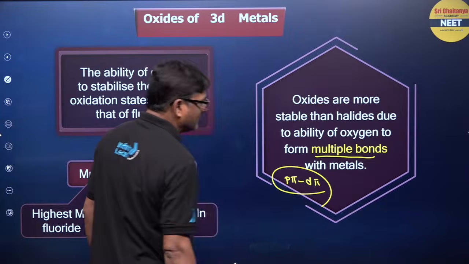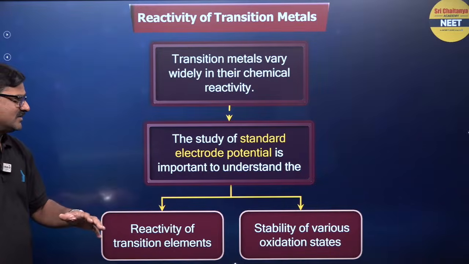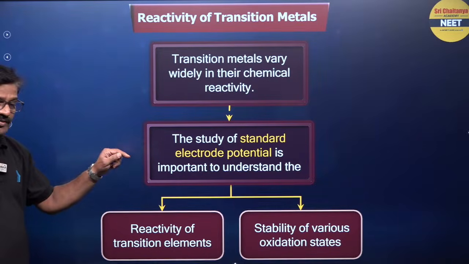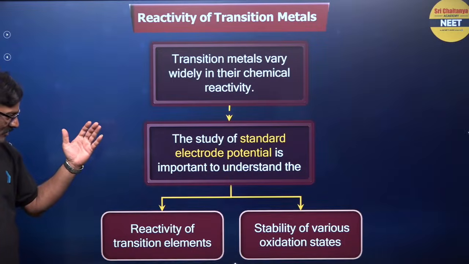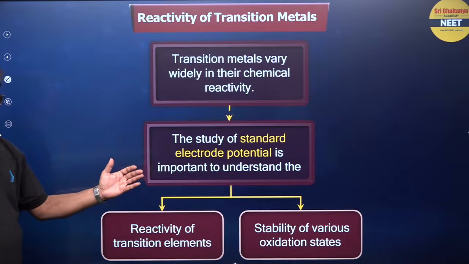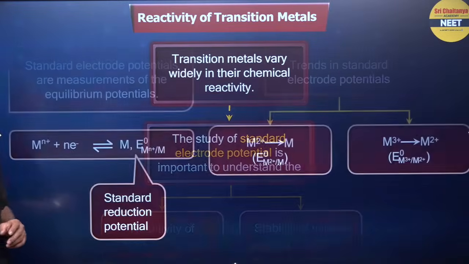And transition metals vary widely in their chemical reactivity. The study of standard electrode potentials is very much required, that is, standard oxidation potential or standard reduction potential, which decides the reactivity.